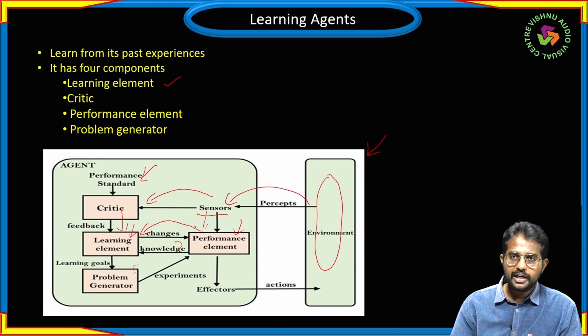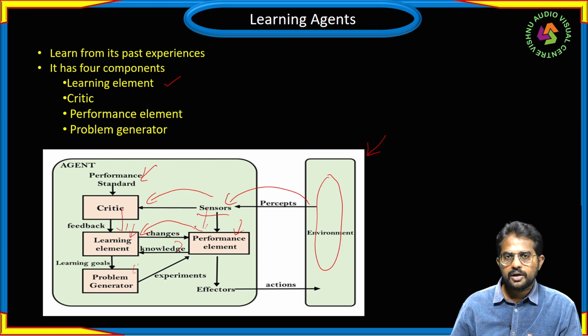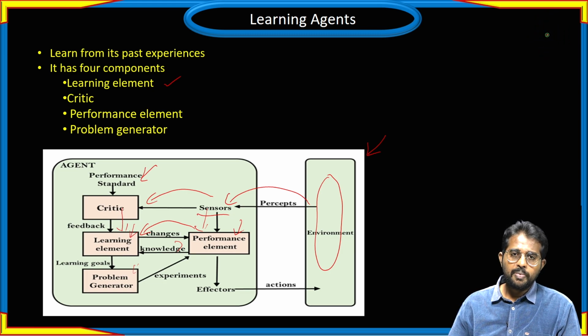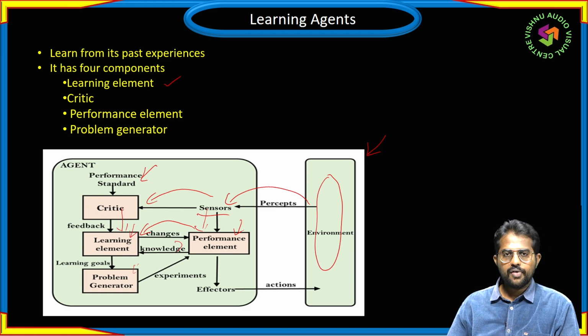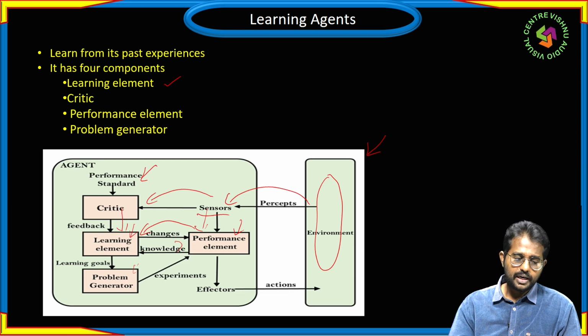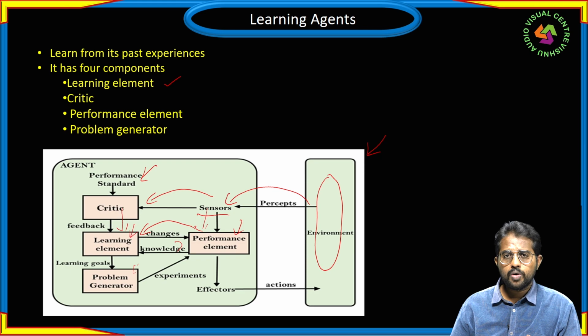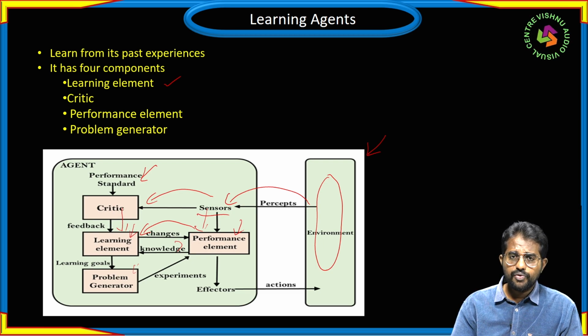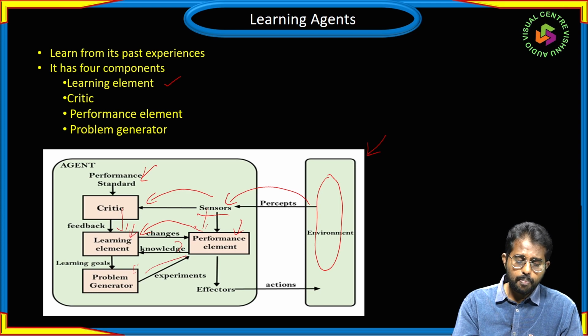Whenever the learning element says what the goals are, for example, already we have X and Y actions, so we need some more performance, at least we should have 90, then it will tell the problem generator to explore more actions so that our performance will get higher. So based on the learning goals received from the learning element, this problem generator will suggest some actions to the performance element.